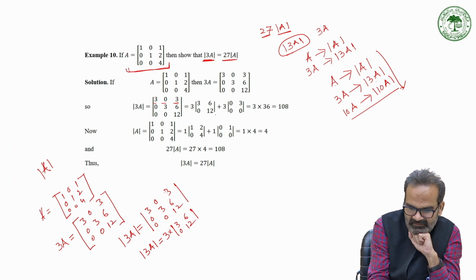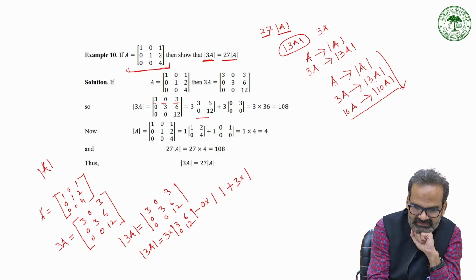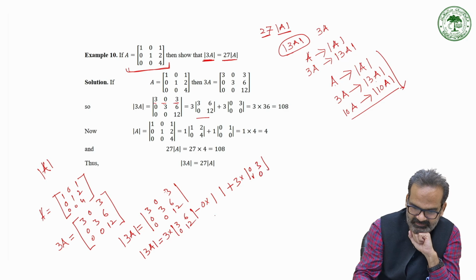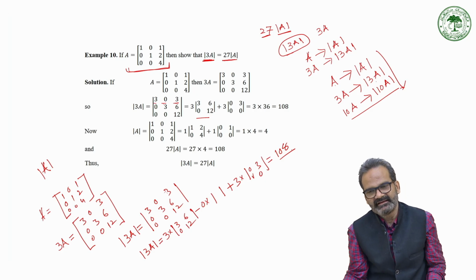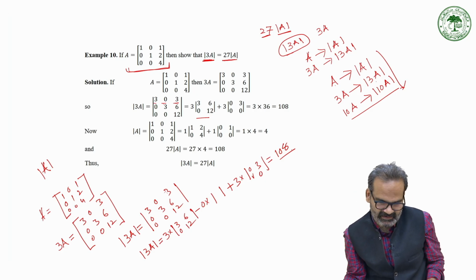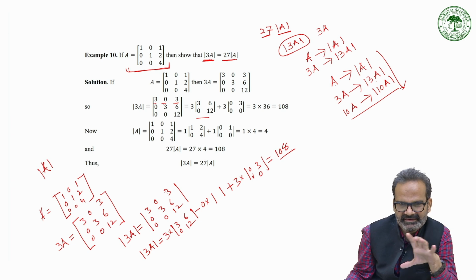So 3 with this, now 0 into anything you will get 0, now minus 0 into any determinant you will get 0, now the third is 3 into this row, this column, 0, 0, 3, 0. Simplify this calculation, we are getting its value as 108, right? Are you getting the point? Simply expand this determinant along any row or any column.